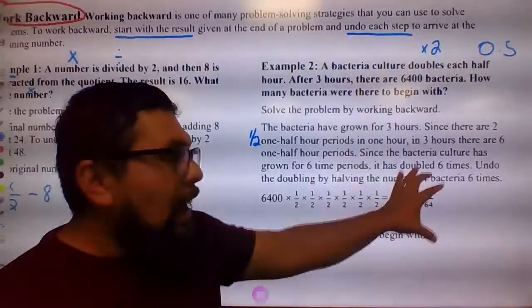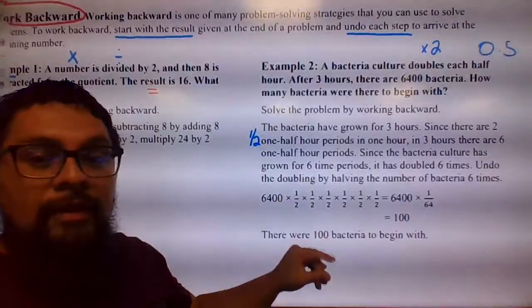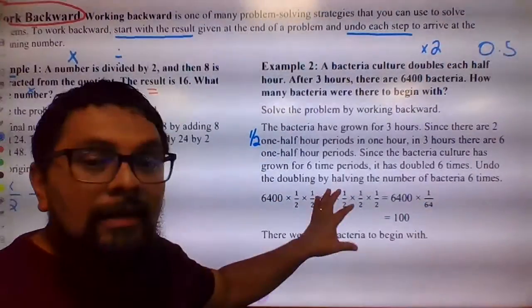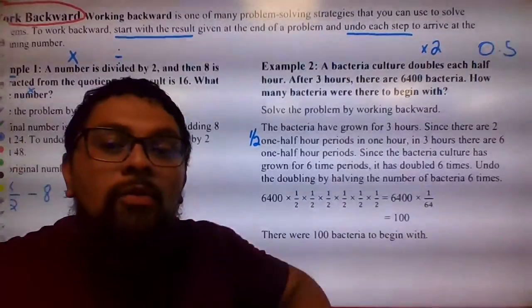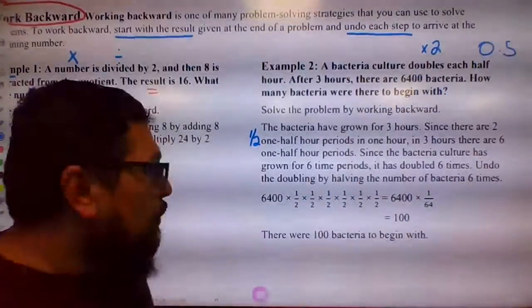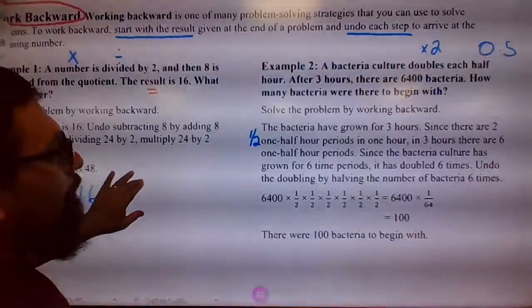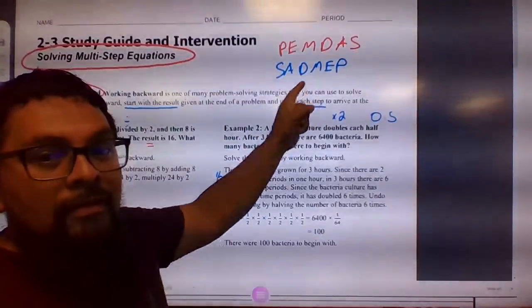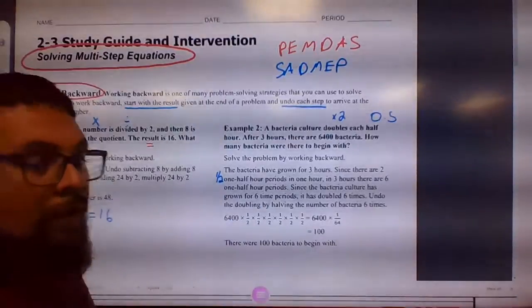So we're not going to write an equation for this one. But like I said, if you didn't understand it, go ahead and rewind the video or reread the problem again. Basically what we're doing is we're working backwards. All right, let's go on to our next example.